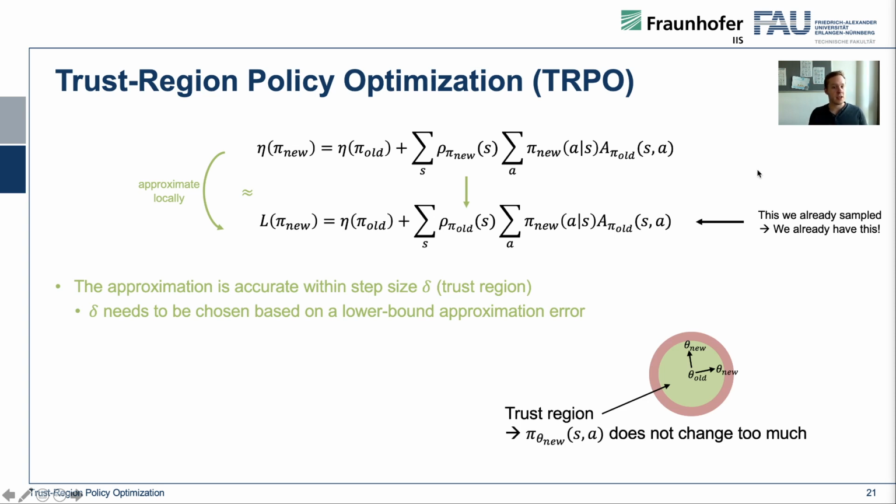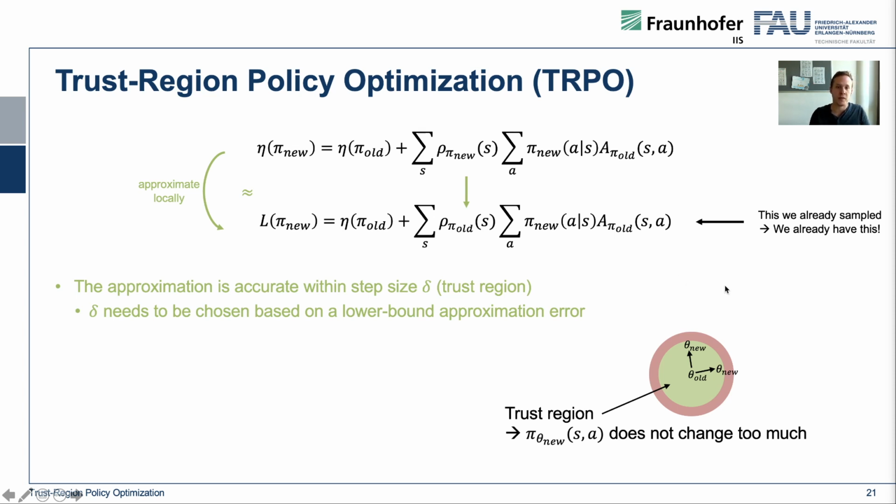And what we still need is our trust region, which is defined using our step size delta. And this is nothing else than we want to choose delta such that the updates to our policy are still very well locally approximated with our discounted state visitation frequency.